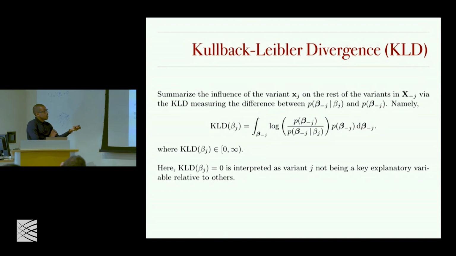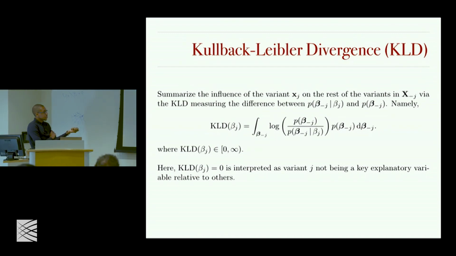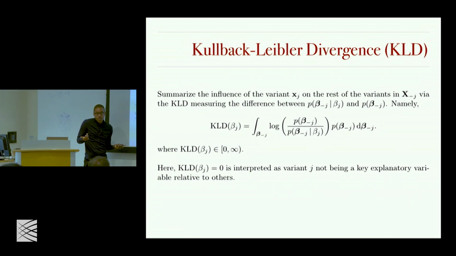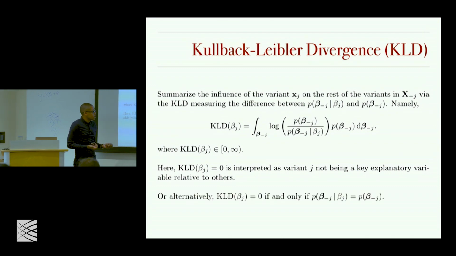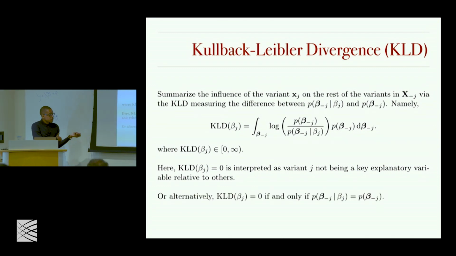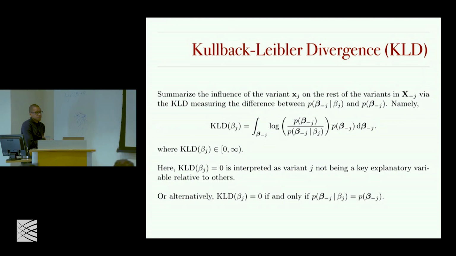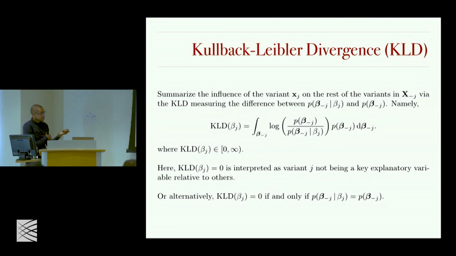If those two distributions are the same, in other words if the KL is 0, then this variant is probably not that important. If I look the same with you around versus with you not around, then you're probably not a really big player. Or in other words, the KL is 0 if and only if these two distributions are equal.